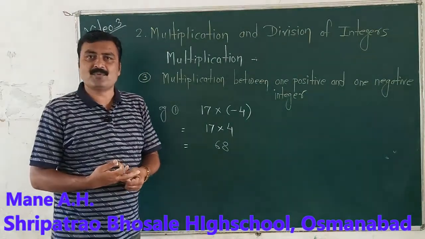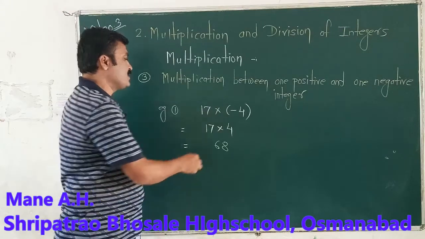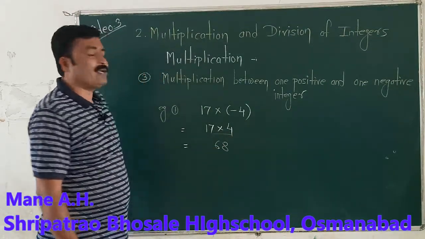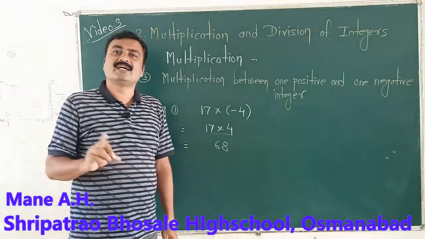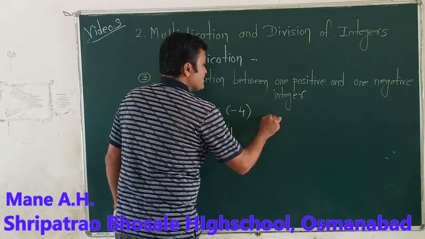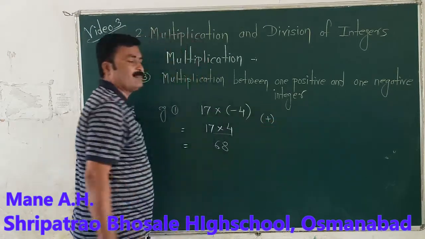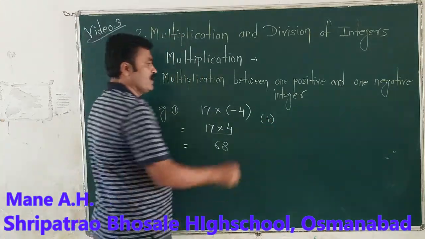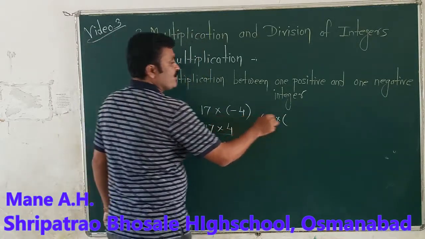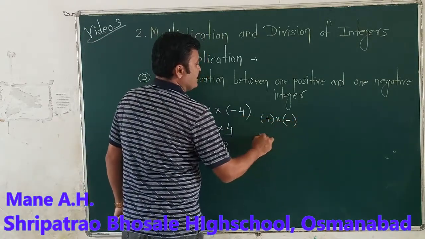Now the most important part: after taking the product of their magnitudes, we have to take the product of their signs. Now 17 is presently plus, that means a positive integer, into minus 4, a negative integer, so this minus sign.